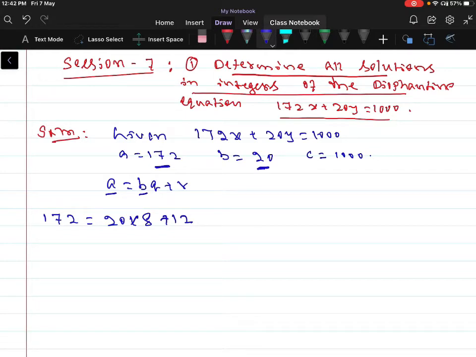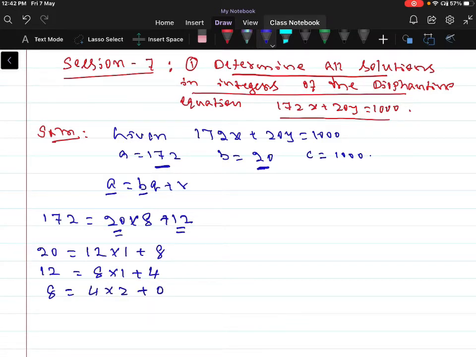Again let us apply the division algorithm for the integers 20 and 12. So 20 can be written as 12 into 1 plus 8. Similarly 12 can be written as 8 into 1 plus 4. Again 8 can be written as 4 into 2 plus 0.